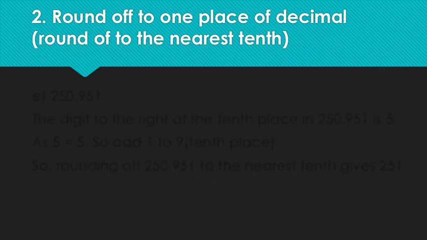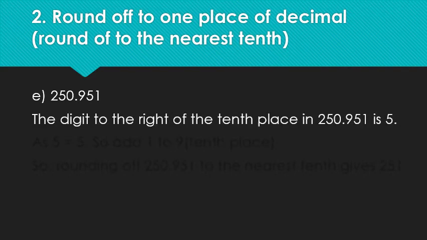Now, let's come to the next type of question. Round off to one place of decimal. One place of decimal means to the nearest tenth. So, the number is 250.951. Children, in this number, the digit at the tenth place, or one place of decimal, is 9.